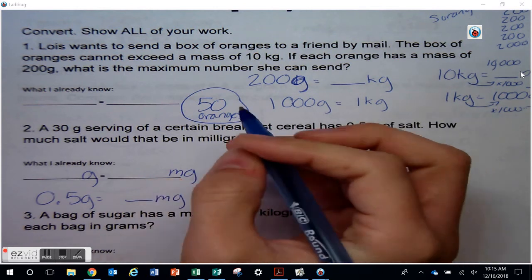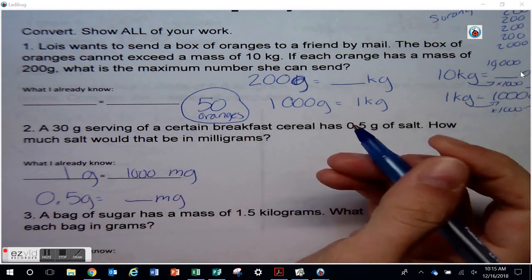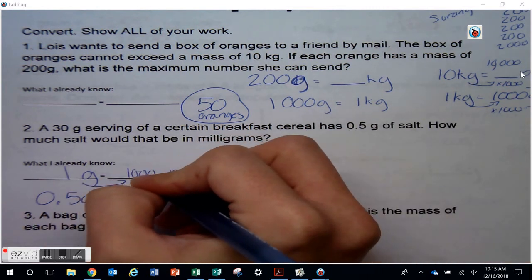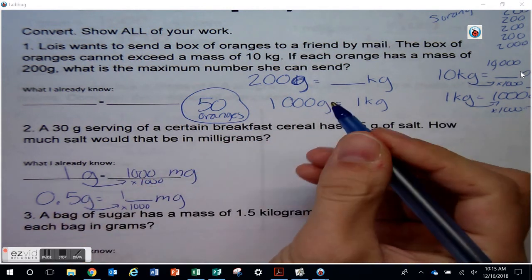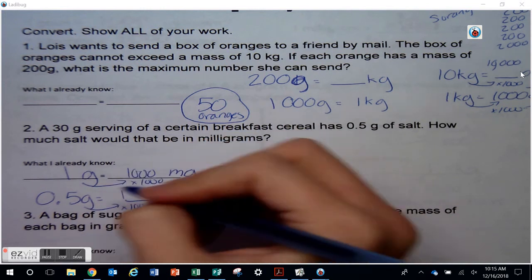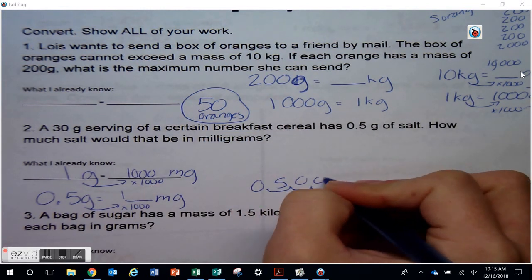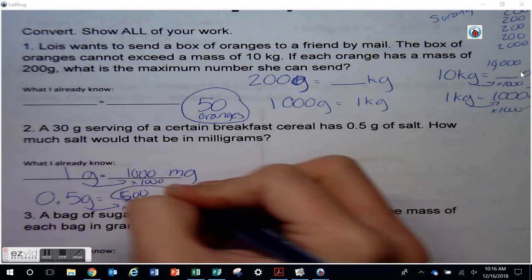So we would have 1 gram equals 1,000 milligrams. So here I'm multiplying by 1,000. Here I'll multiply and get 3 place values bigger. So that's 1, 2, 3 place values bigger, meaning I'd have 500 milligrams of salt.